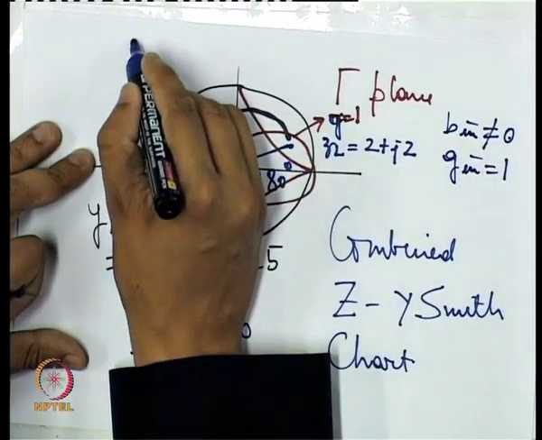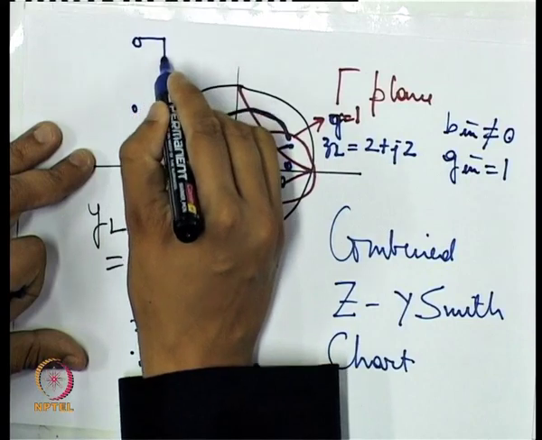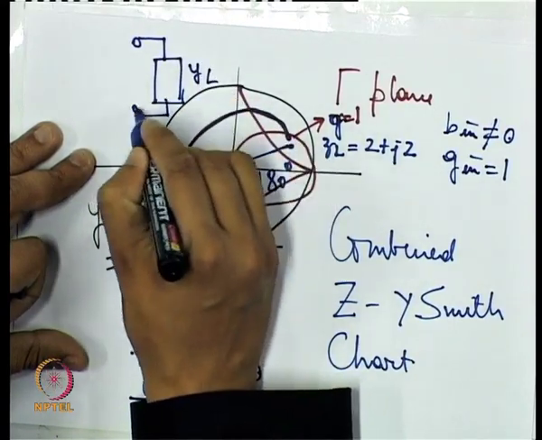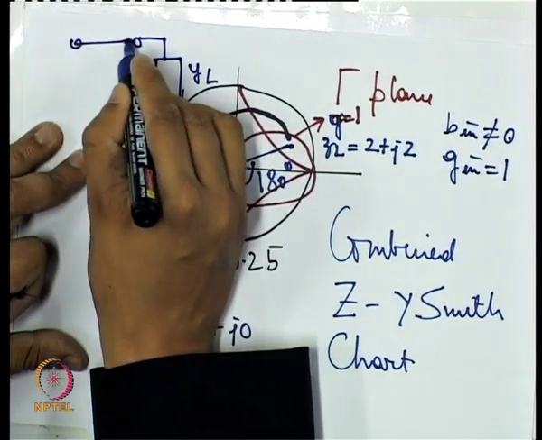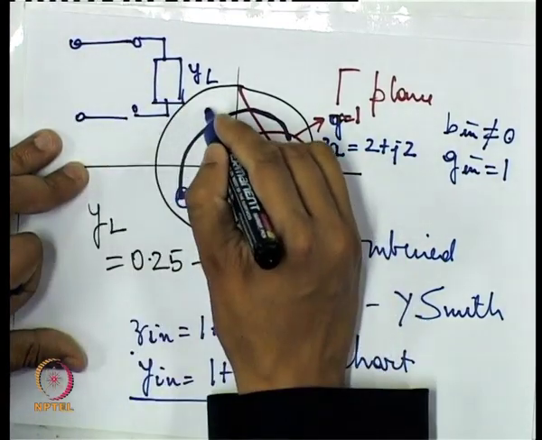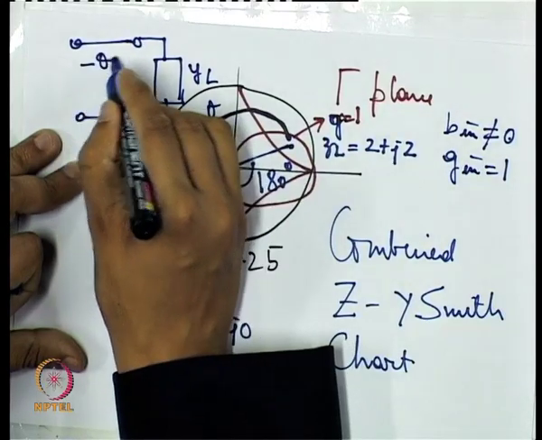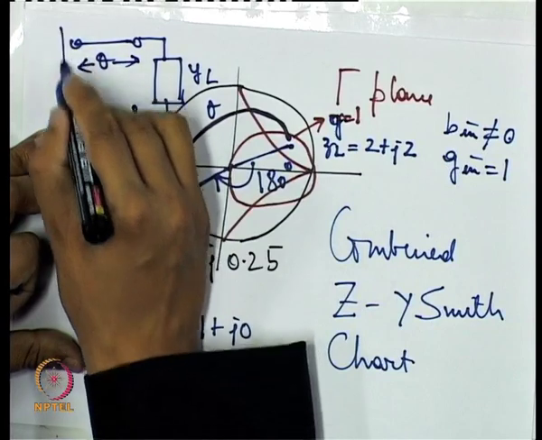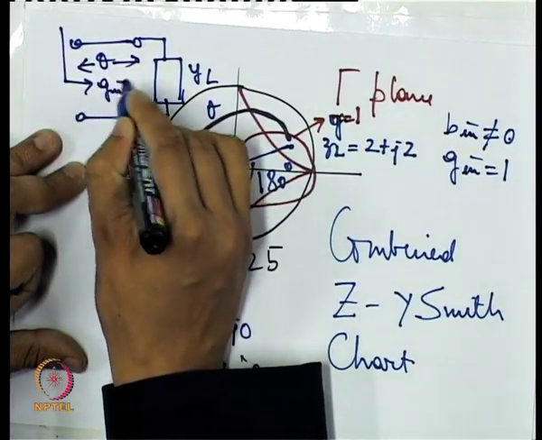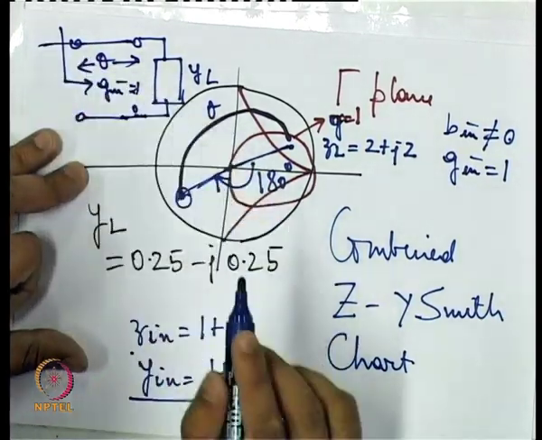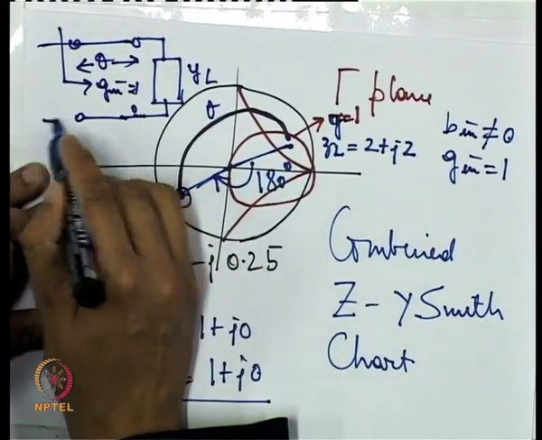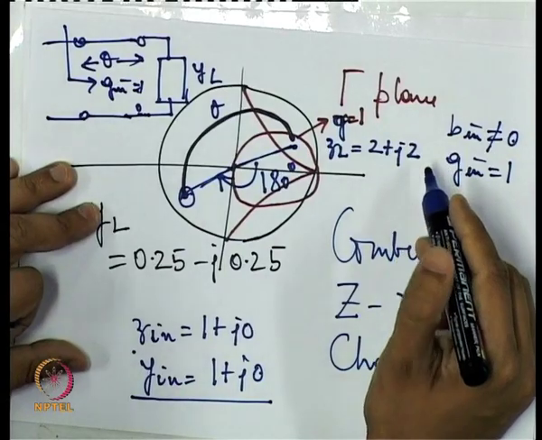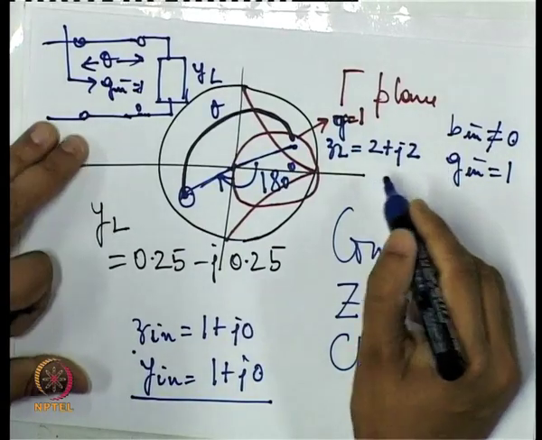On the circuit, what this corresponds to is, I had my YL, I added a piece of transmission line whose length is theta, and at this point I have my G in equal to 1, but I still have to cancel my B in. How can I do that? To cancel B in, I can just put a shorted or open stub.